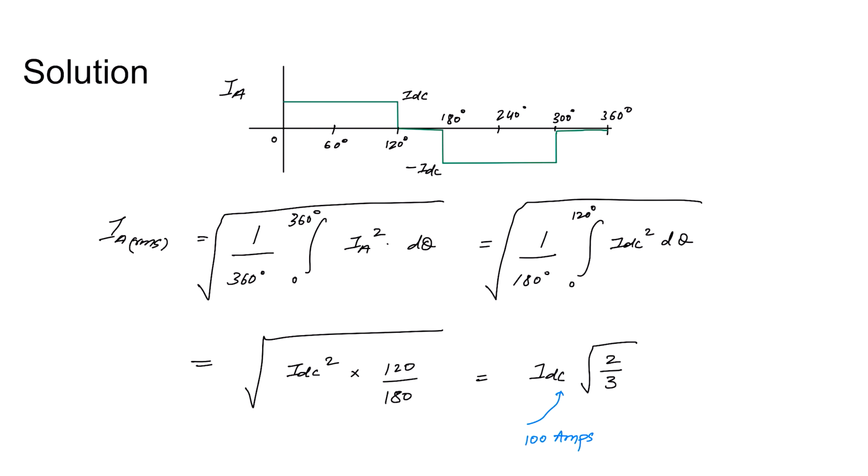As IDC is given as 100 amperes, we will substitute it in the formula. So when we evaluate, the answer is 81.649.